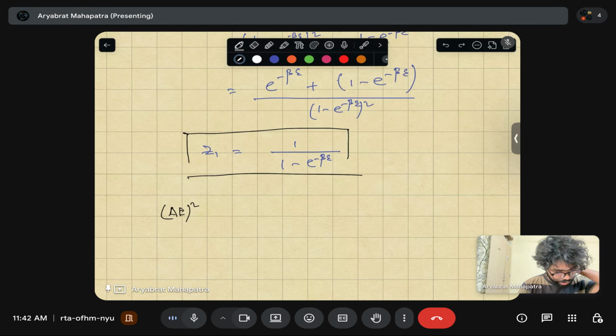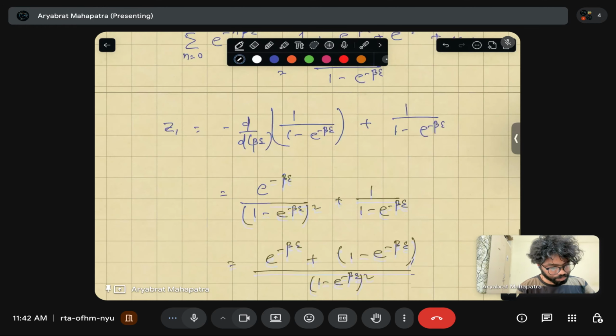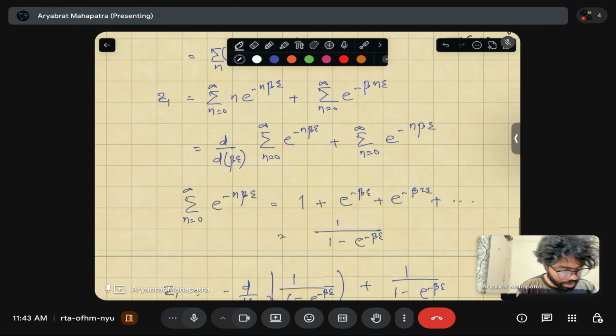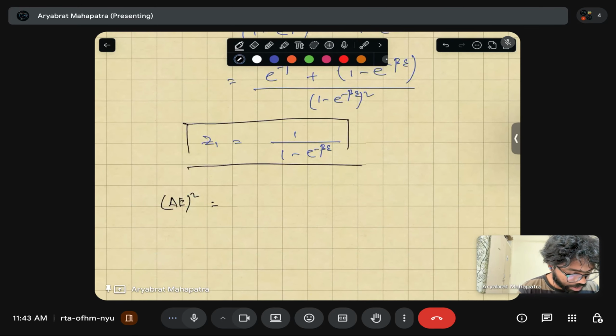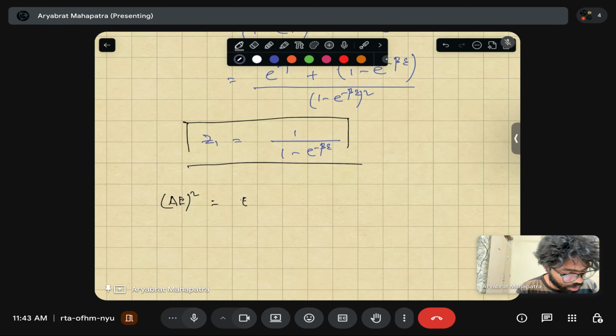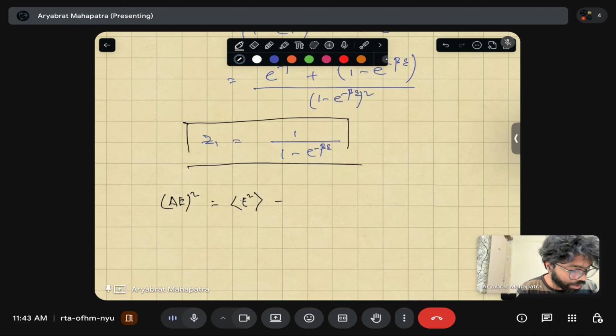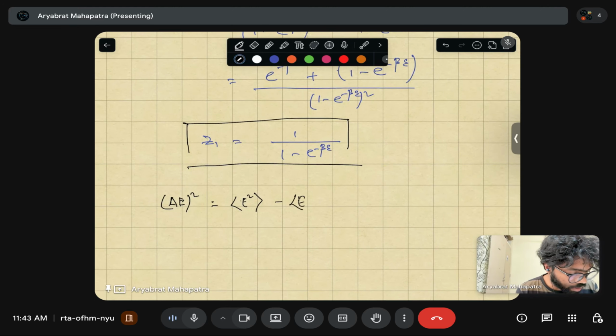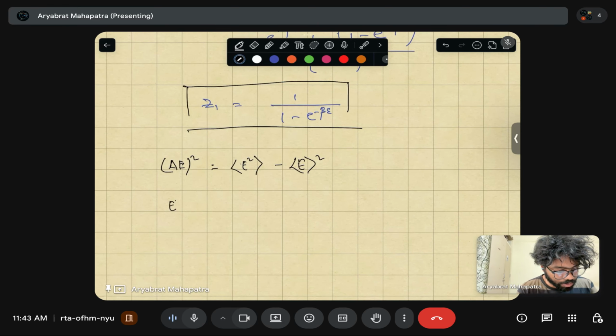For delta E squared, as we were saying, we need the average of E squared, subtracted by the mean energy squared. E is your internal energy.